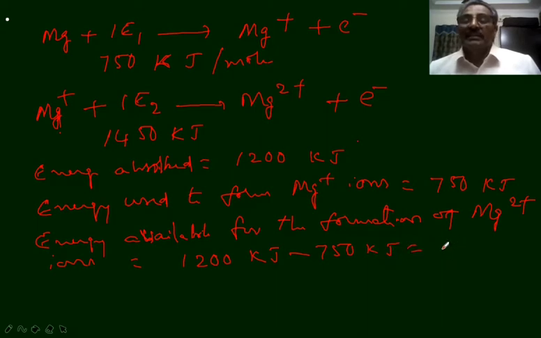So energy available for the formation of Mg2 plus ion is 1200 kilojoules minus 750 kilojoules, that is 450 kilojoules of energy.